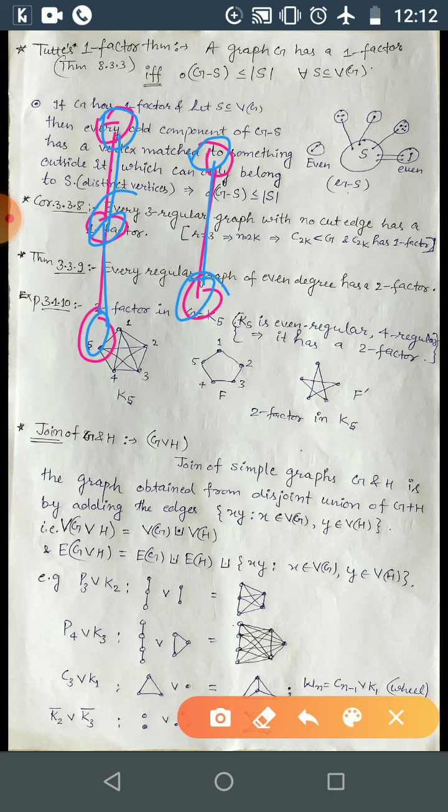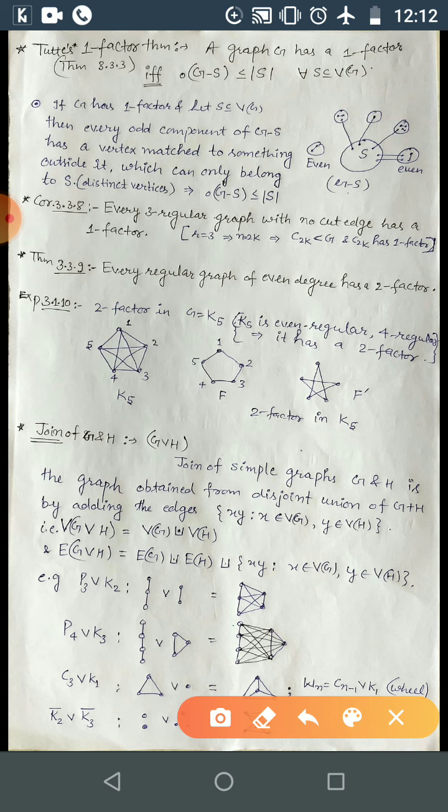All the vertices of H are adjacent to all the vertices of G. So there will be an edge from this vertex of G to this vertex of H, and then from the second as well. This new graph is represented by P3 join K2.